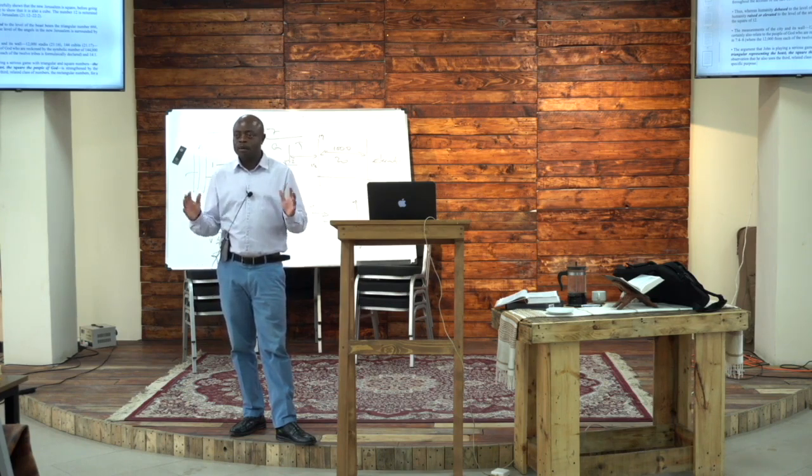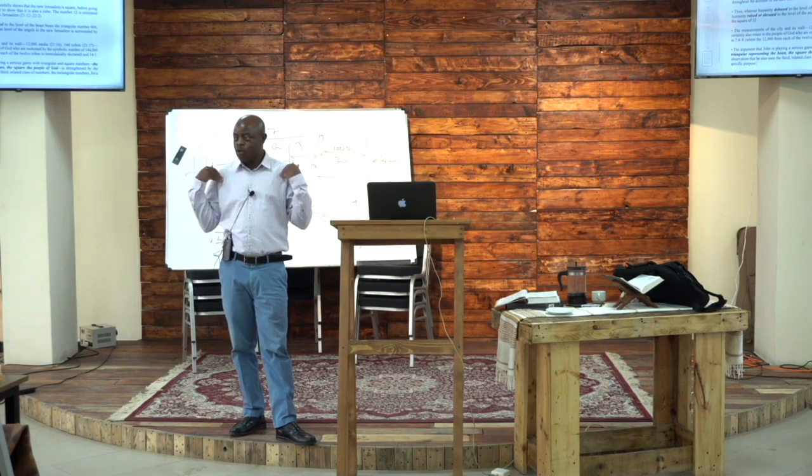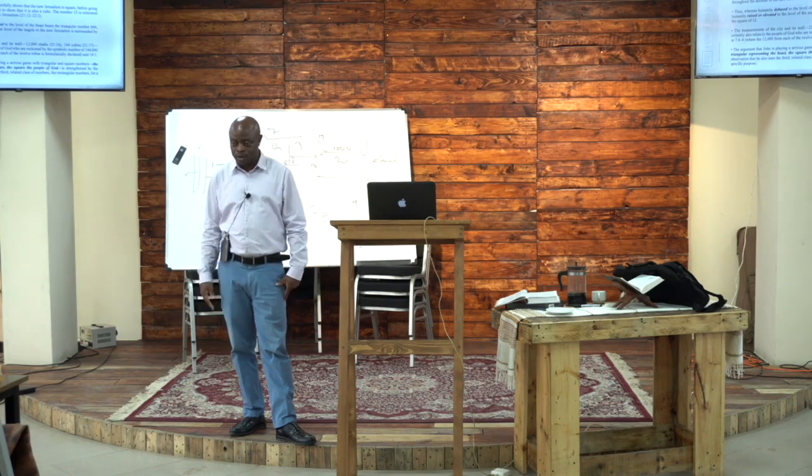So it's symbolic. This is a period where the church is busy witnessing the testimony of Christ, but at the same time, we are not immune to persecution. We are being protected by God spiritually, but we also go through persecution.